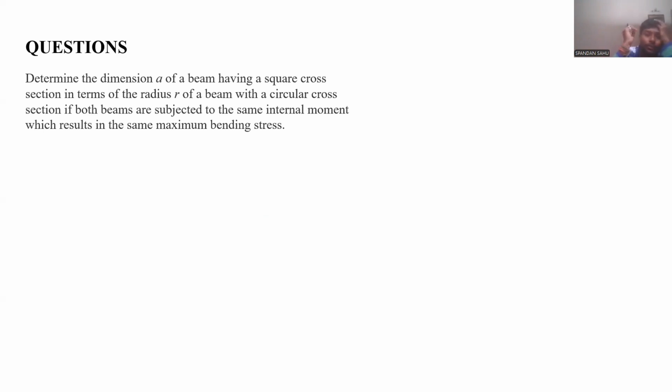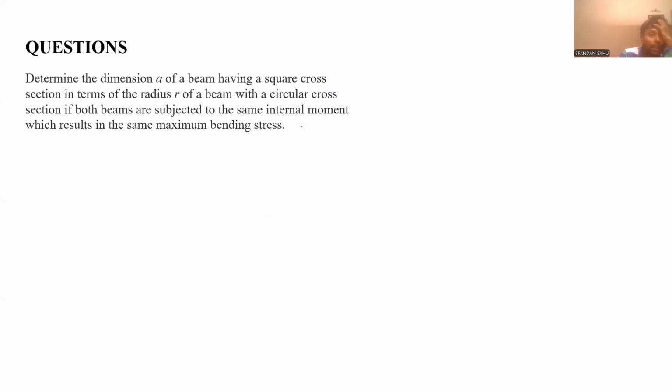That means we have a beam which has a circular cross-section having radius r, and again we have a beam of square cross-section whose dimension is a. Means all the four sides have a dimension of a. And both the beams are subjected to the same internal moment. So M is constant, which results in same bending stress.